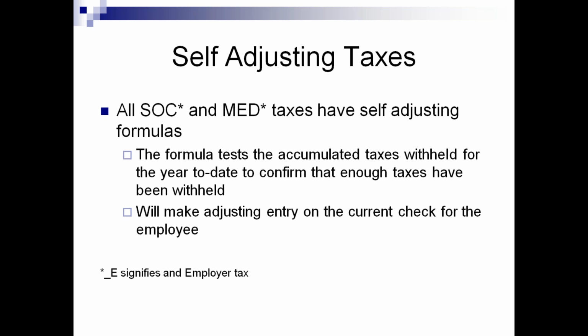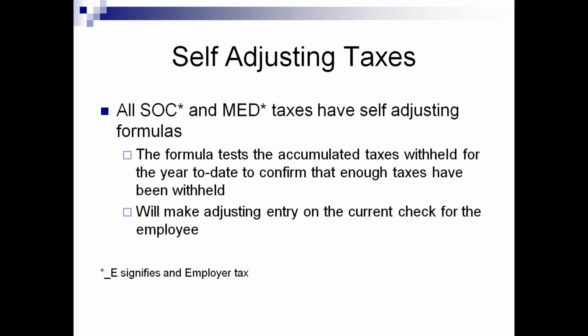So if your Social Security and Medicare taxes are incorrect, what you need to look at is any manual checks that you may have entered into the system where those taxes were entered incorrectly.